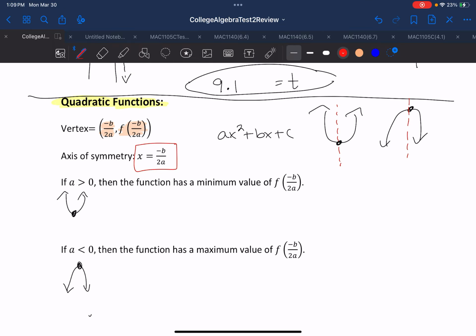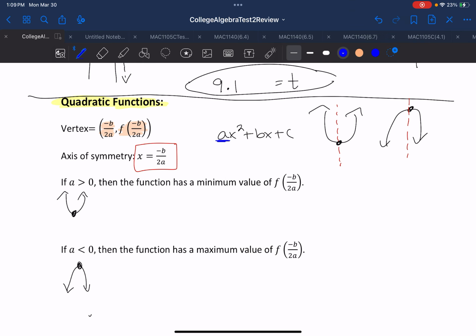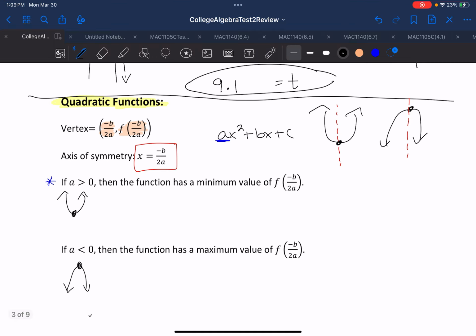So of course, we have talked about how when a is positive, then our parabola is opening up. And I have that parabola drawn right below that. And so therefore, this parabola will have a minimum value at f of negative b over 2a. And this represents the y value of that vertex.